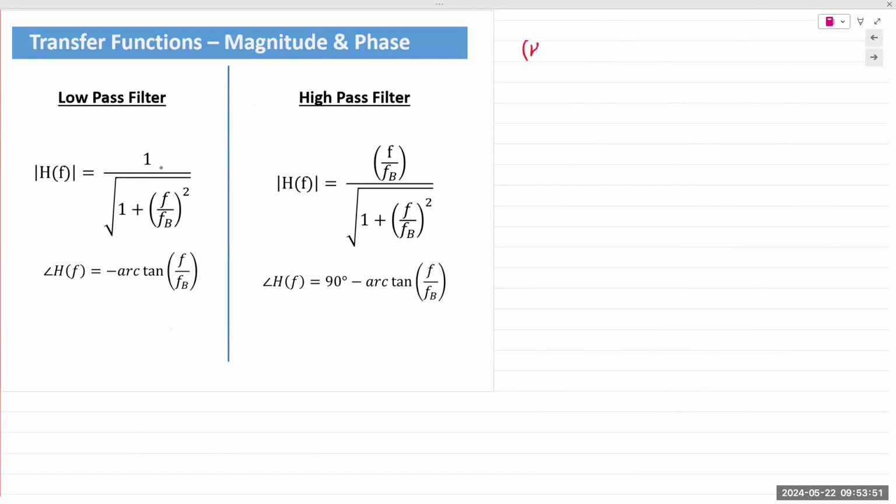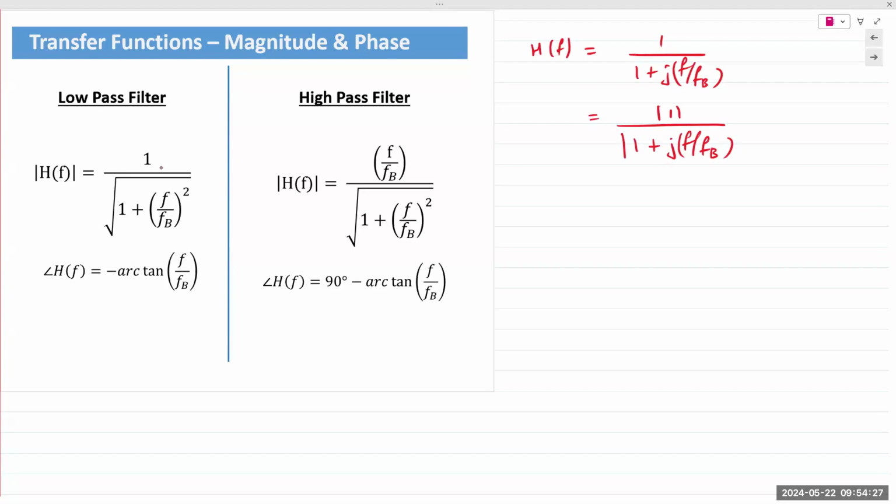So the transfer function for a low pass filter, H of f, is 1 over 1 plus j f over fb, right? If I wish to find the magnitude, it will be the magnitude of 1 divided by the magnitude of the denominator. Again, this goes back to the fundamentals of finding magnitudes of a complex number.